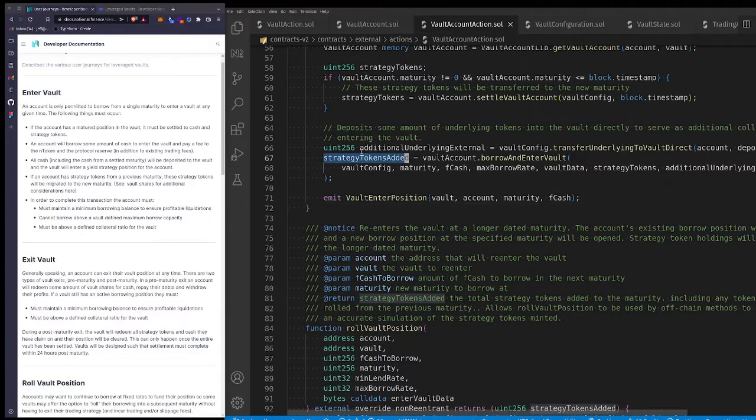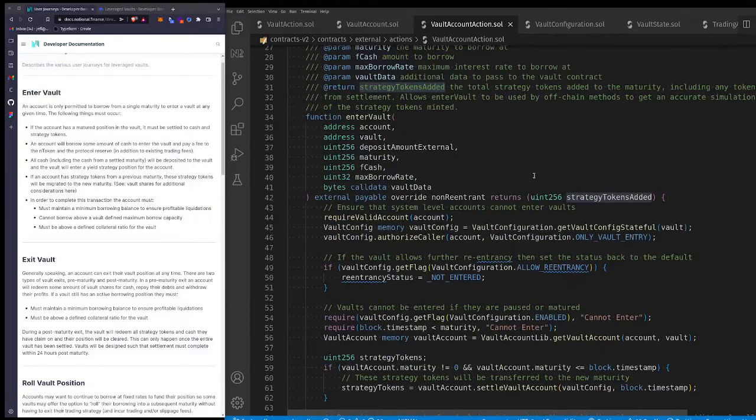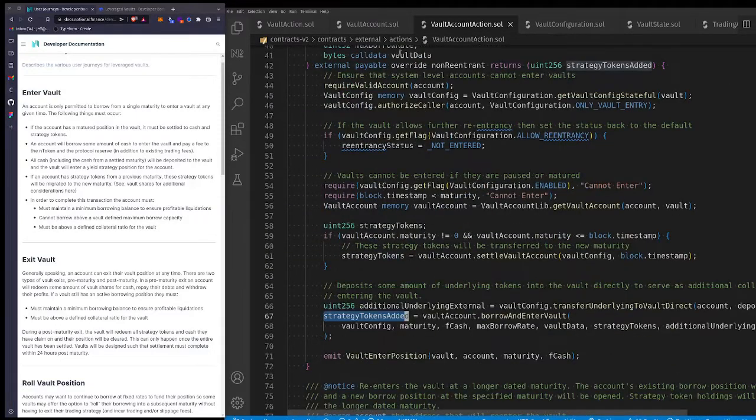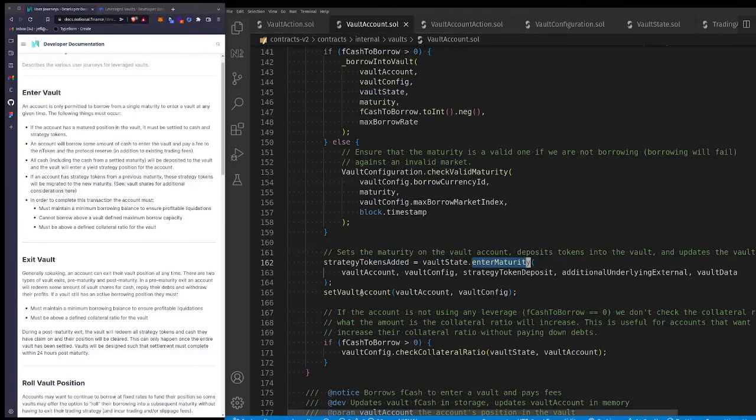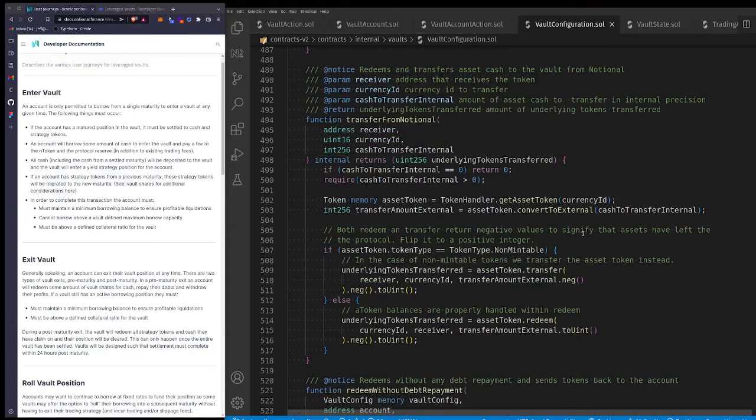The vault account's position has been updated. Right, let's get to enter vault. So the vault account has been updated, so we'll set that in storage here. And the last thing we'll do is we'll check its collateral ratio. So let's take a look at that.